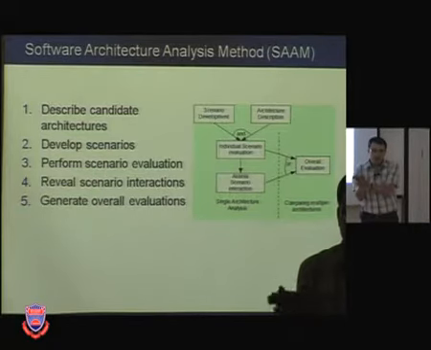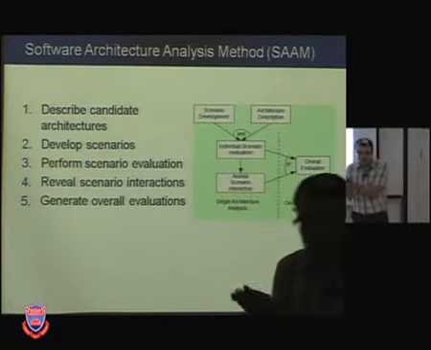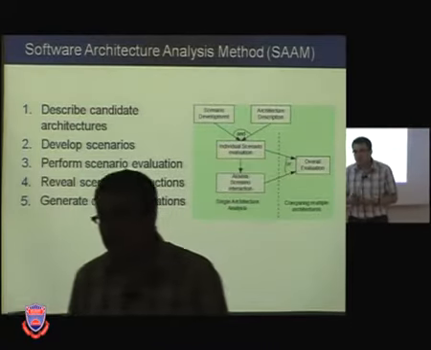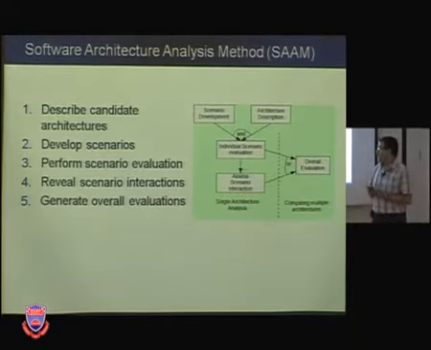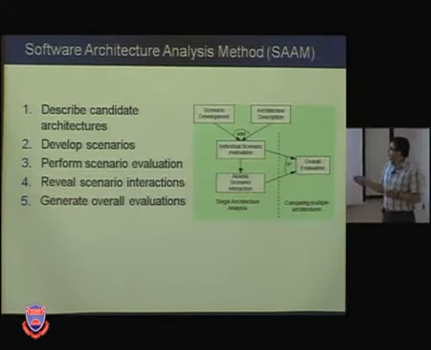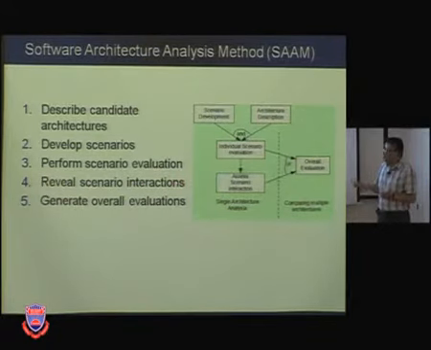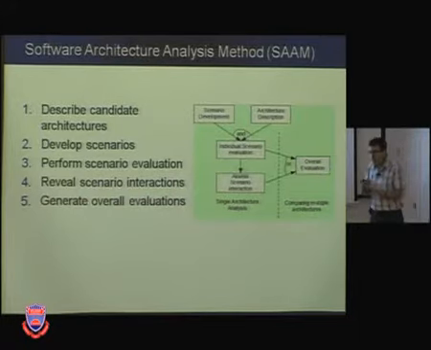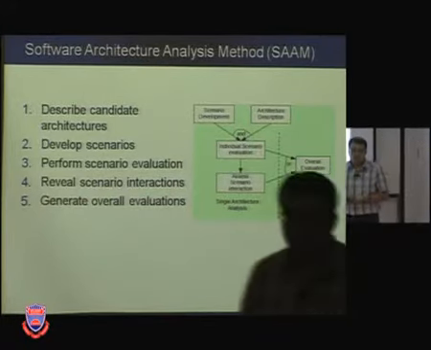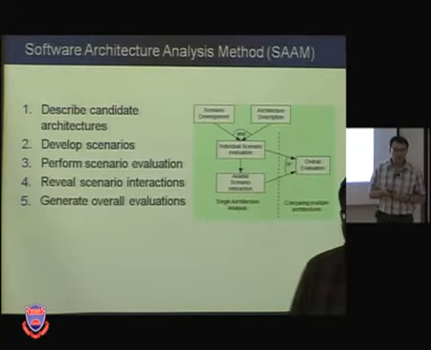We look at the architecture components and check how many scenarios interact in that architectural component or module. These two evaluations provide you some insight into the quality of the architecture, and in the fifth step, therefore, we can provide a general overall evaluation and provide some feedback, some hints for refactoring, etc.